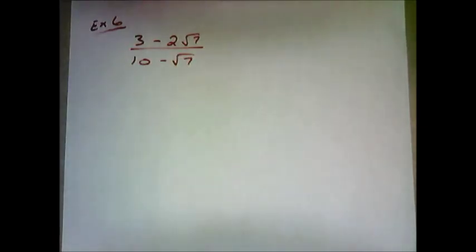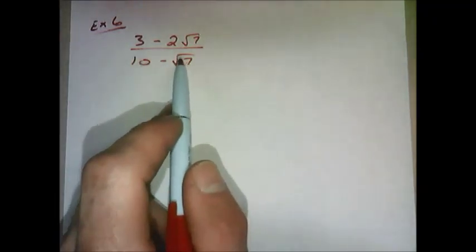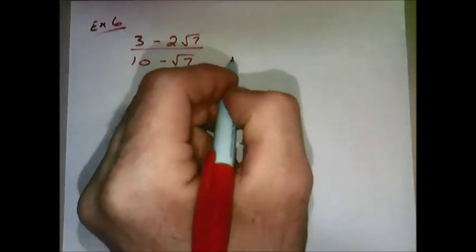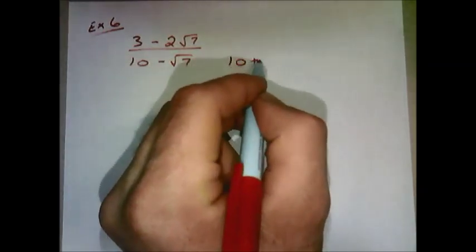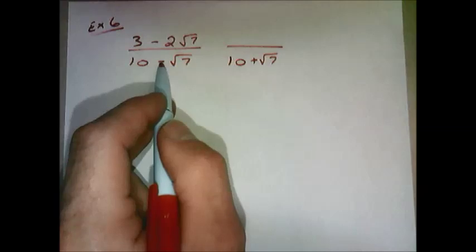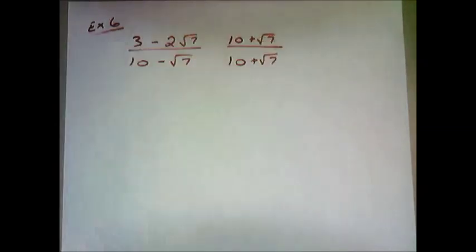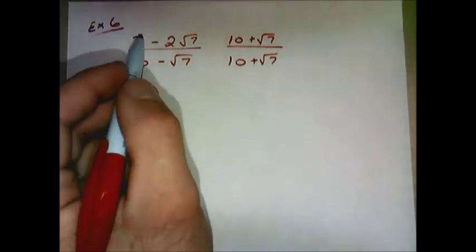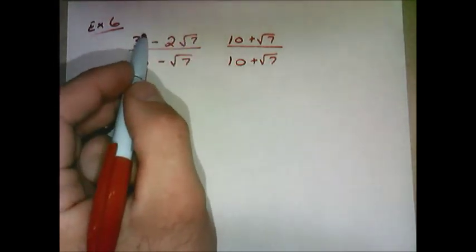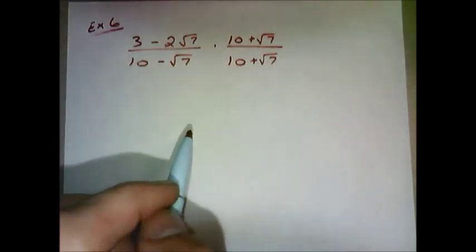So to conjugate, we look at our denominator, which is 10 minus the square root of 7. The conjugate of that, remember, we're going to change only the sign between the two terms. So it was a minus, we're going to change it to a plus. And our top is going to be 10 plus the square root of 7. I'm going to distribute my numerator binomial to the other numerator's binomial.